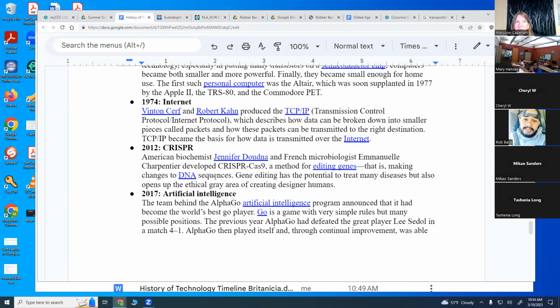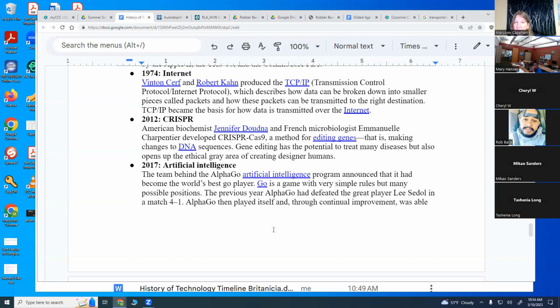Has a lot to do with genetically modified food and cloning, which is not legal for people or animals, only for food. And then now we're up here to artificial intelligence, which we were talking about earlier.